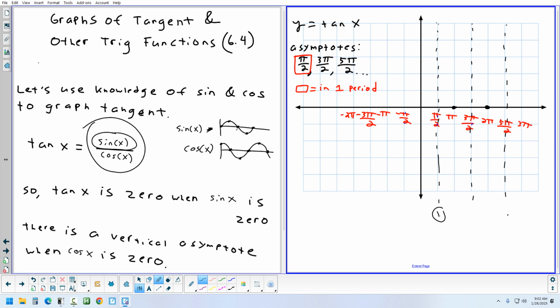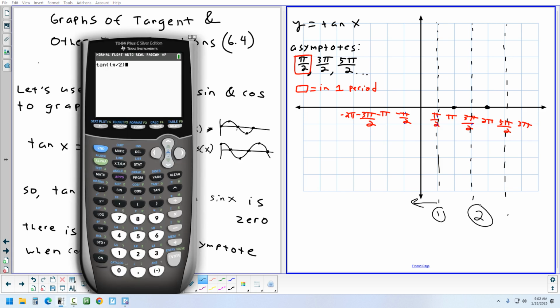Yeah. Smaller would bring me to the left of the asymptote. So I want to try a number that's bigger, right? I want to go a little bit bigger because I'm trying to stay in between, we'll call that asymptote 1 and asymptote 2.